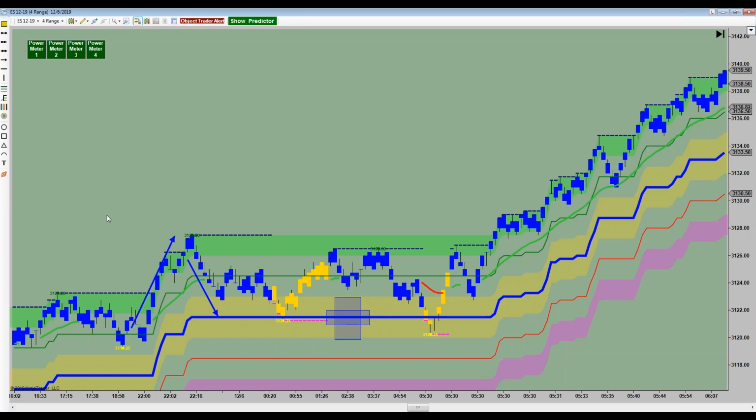So let me ask you a question. Now with this newfound knowledge that you have, is this a midband trade with these bars right here, yes or no? 2 seconds. 1 second.